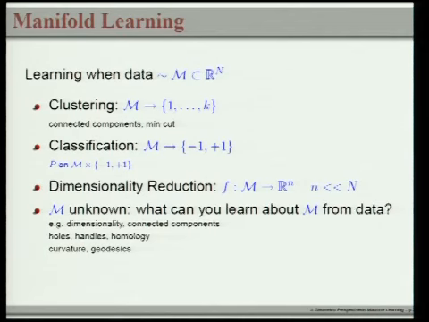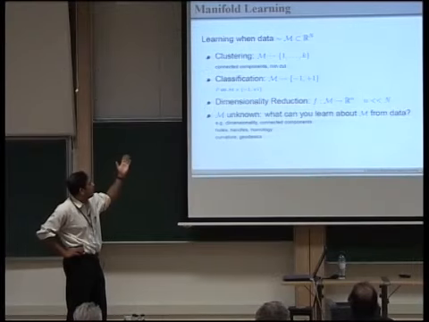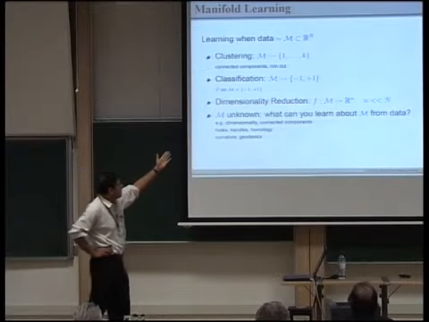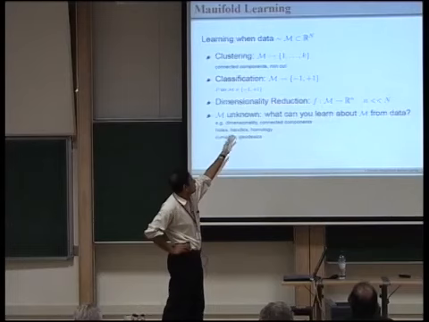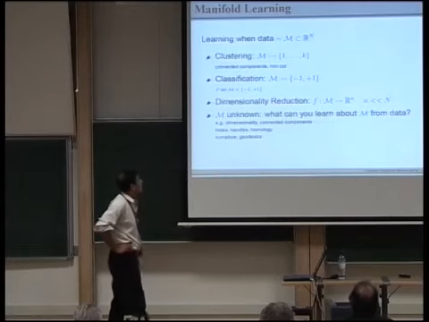Now, in this common setting, you can look at all the classical questions of statistics and learning. You can look at clustering, classification, dimensionality reduction, and so on, and many of these questions reduce to learning essentially a function from M to some space, typically the reals in regression, or maybe a finite set for classification or clustering.